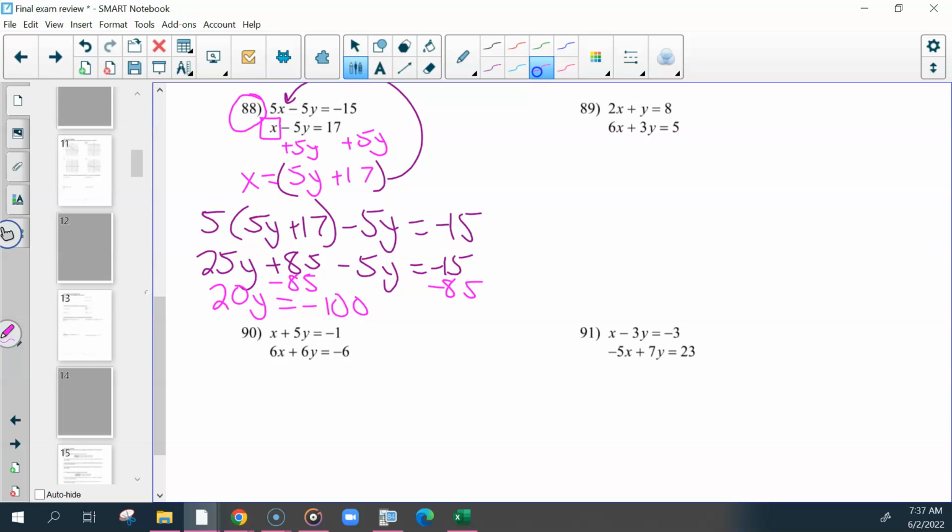Divide both sides by 20, and we get y equals negative 5. And then we just have to put that back in and solve for x. I'm going to put this back into the equation we solved.